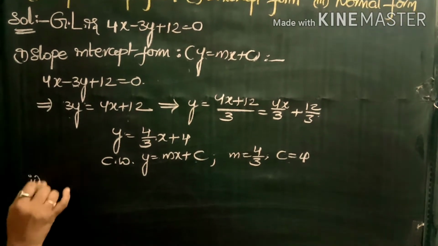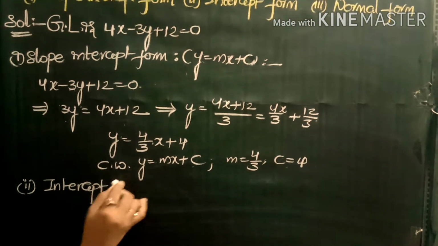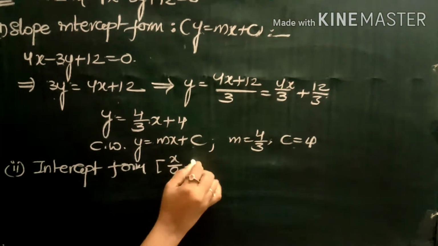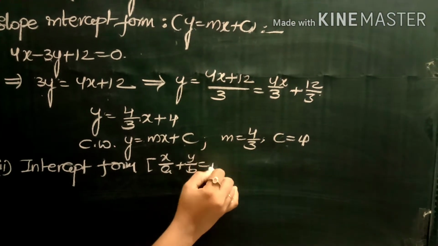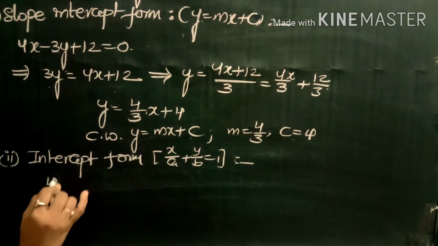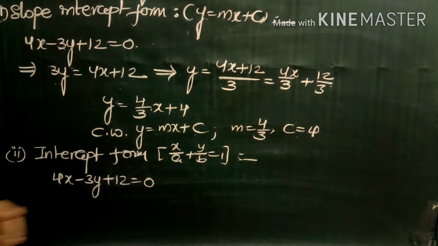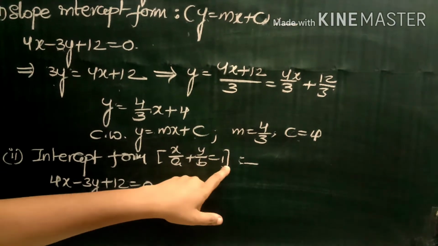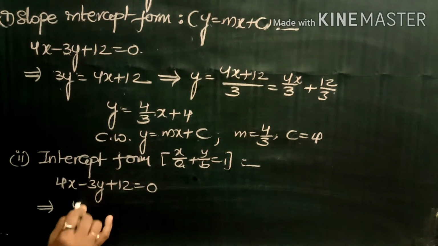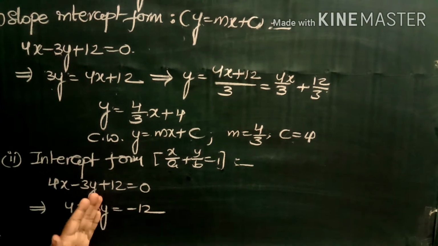Next second form, intercept form. Intercept form means the formula is x by a plus y by b is equal to 1. Again we take the given line equation 4x minus 3y plus 12 equals to 0. X by a plus y by b is equal to 1 means we want the constant at one side and the remaining two terms at the other side. For that we are taking this equation as 4x minus 3y is equal to minus 12, converting the constant to that side.